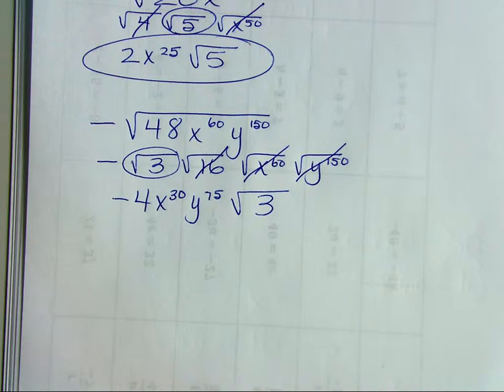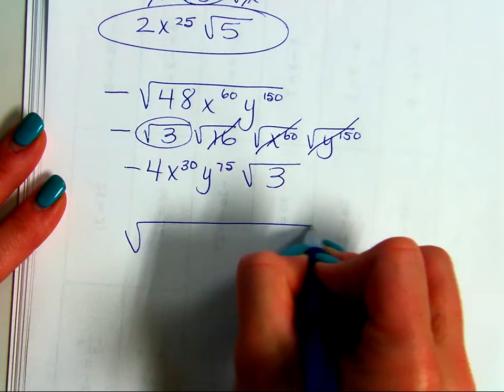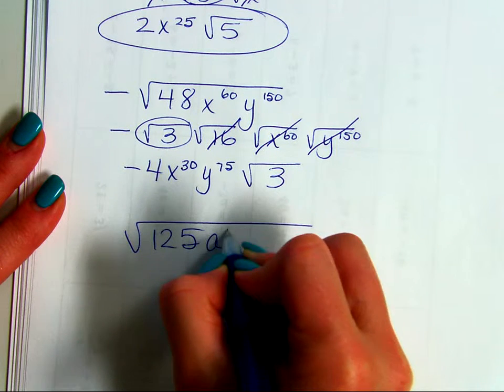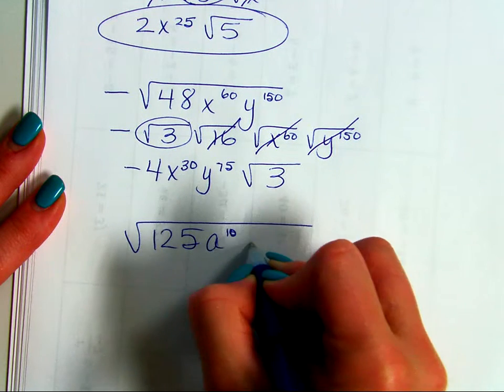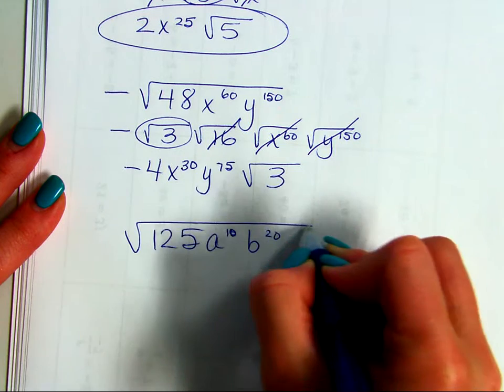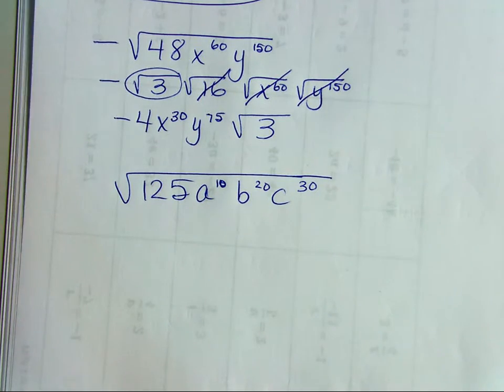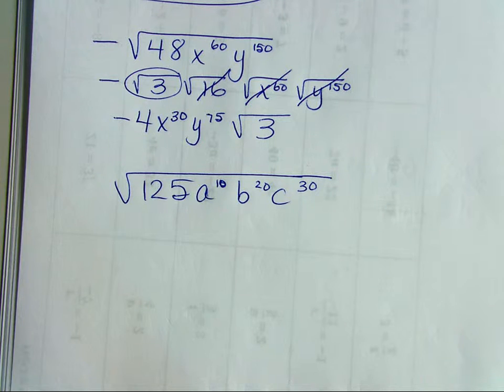So I want you to try this one. 125 a to the 10th, b to the 20th, c to the 30th. Okay? Show that middle step. So you get one line of work before you can get to your answer. Yeah, that's a 10.